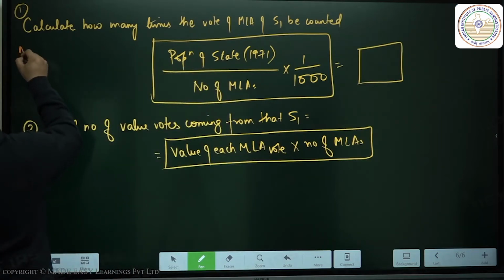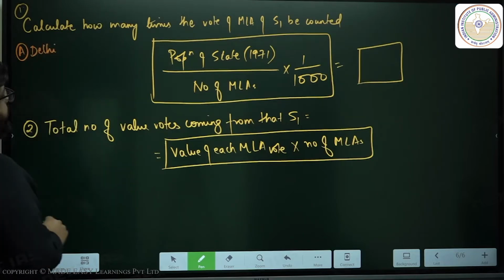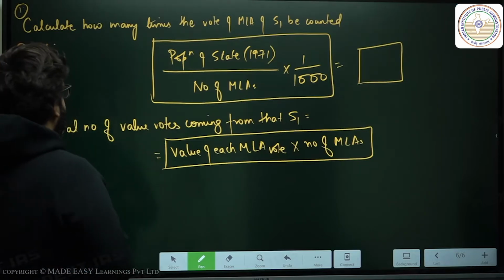Your first is, for example, Delhi. Delhi is a union territory with legislature.